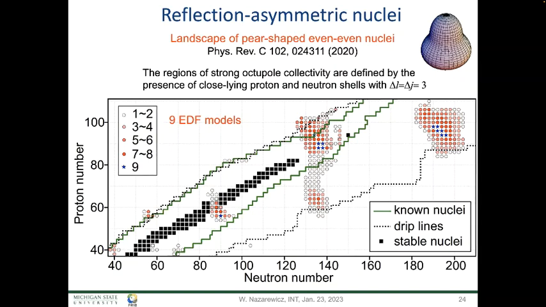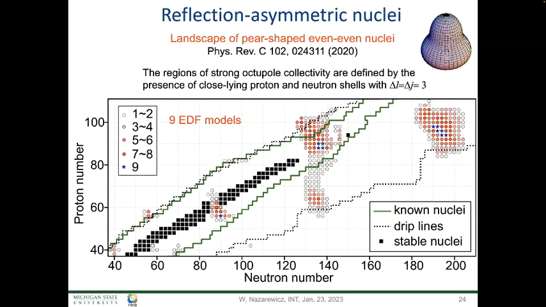So this diagram from this paper shows the systematics of octupole deformations. The calculations were done with several energy density functionals, like nine energy density functionals, and various symbols indicate the model multiplicity.